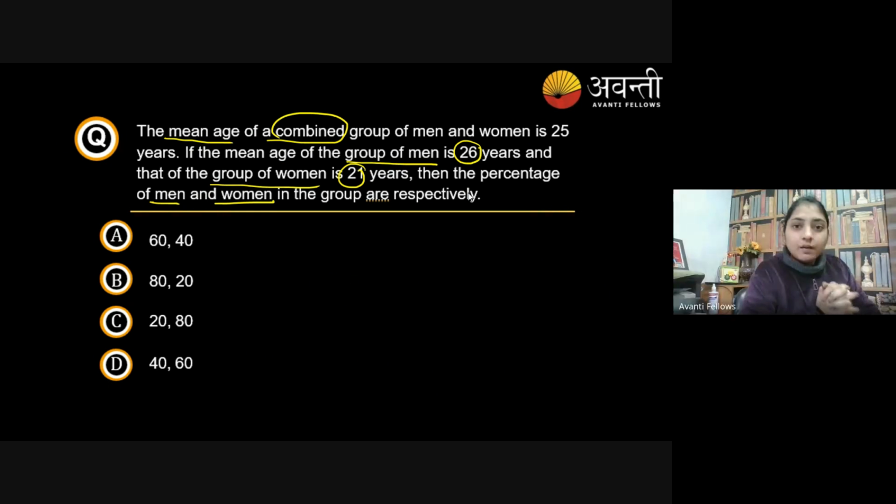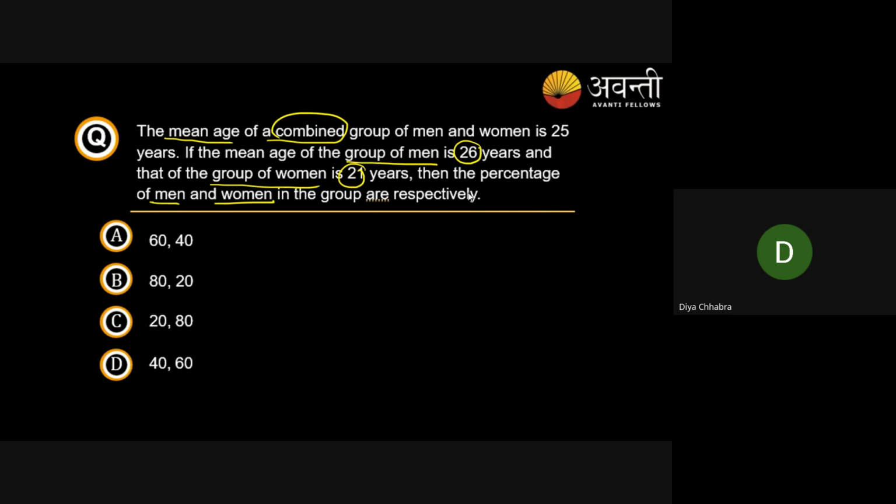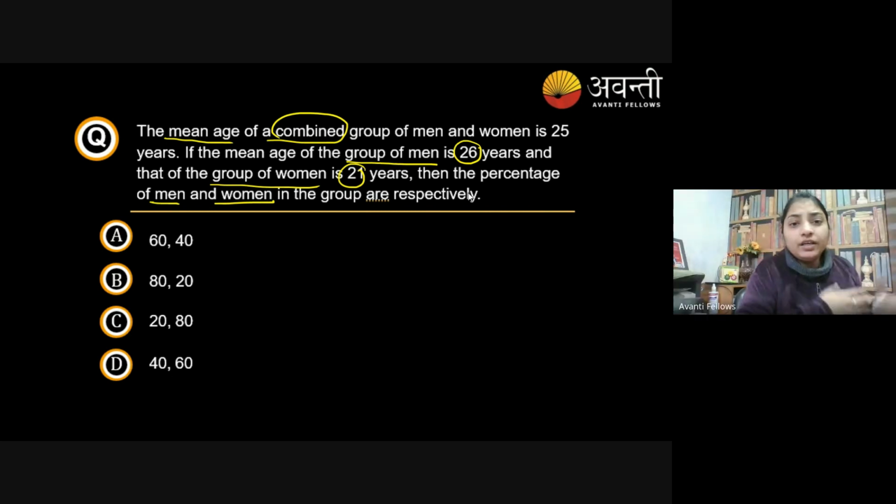Yes, that's great. But what was actually the problem in this question? What is not given to me? The total sum of men and women. Yes, individually it is also not given to me, right? So is any hint given in the question?